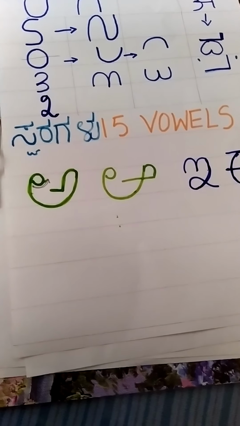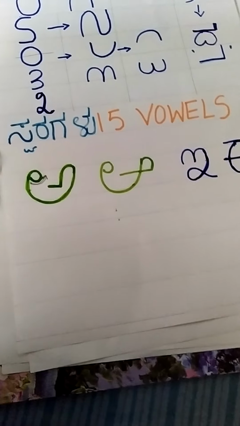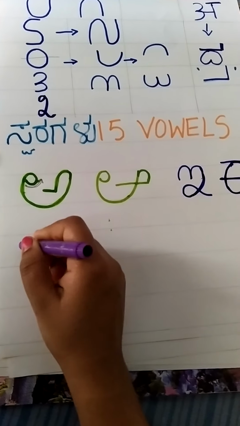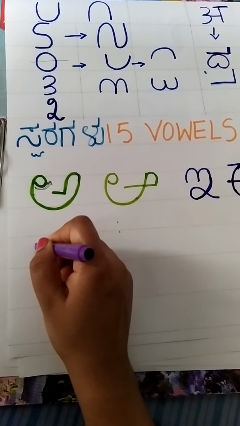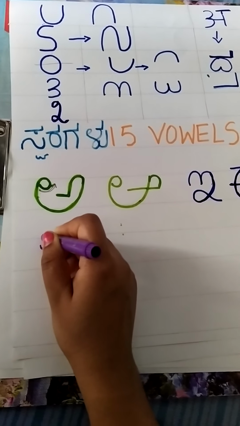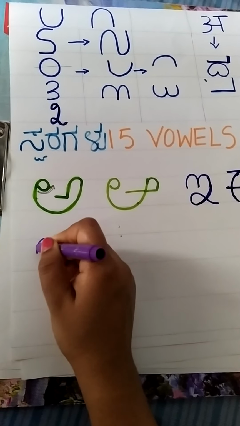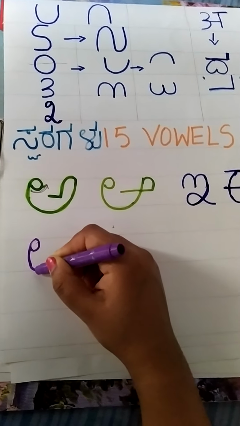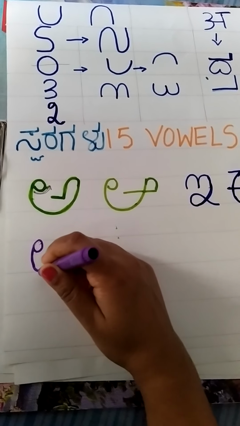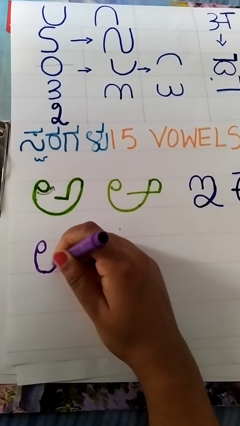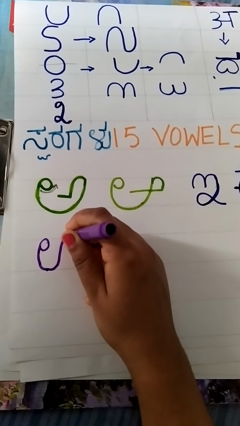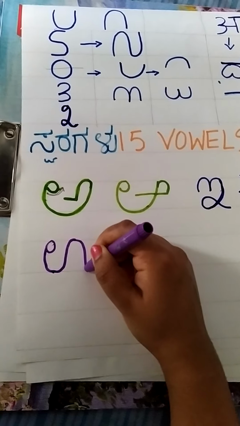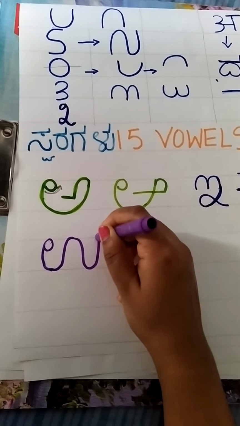So, the next letter is U. Look here, curve, rounds, come down, go up, again come down and again go up.